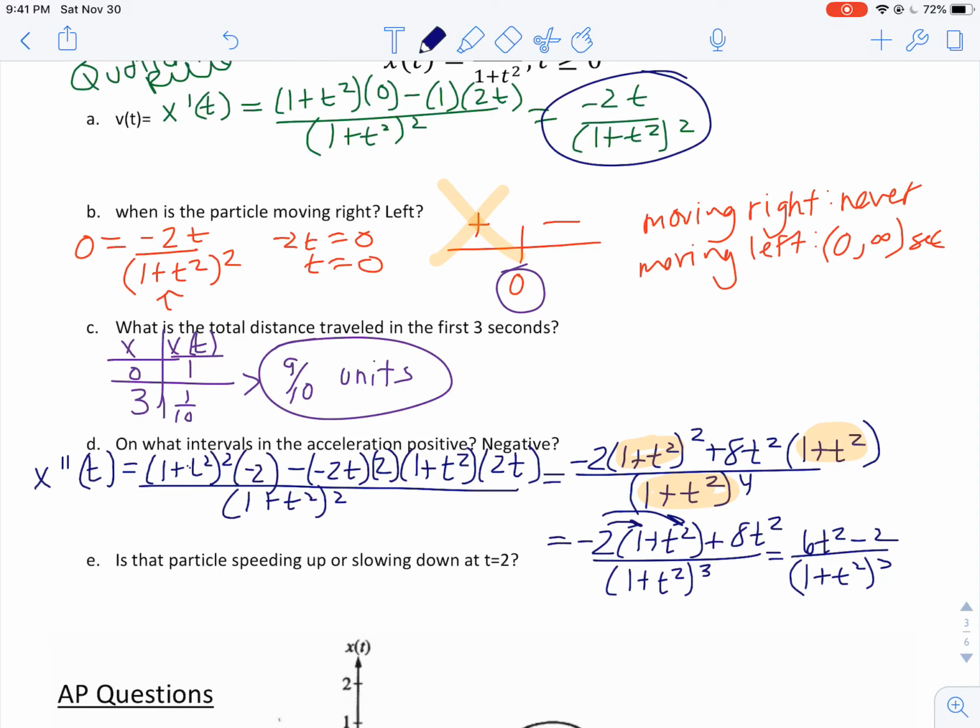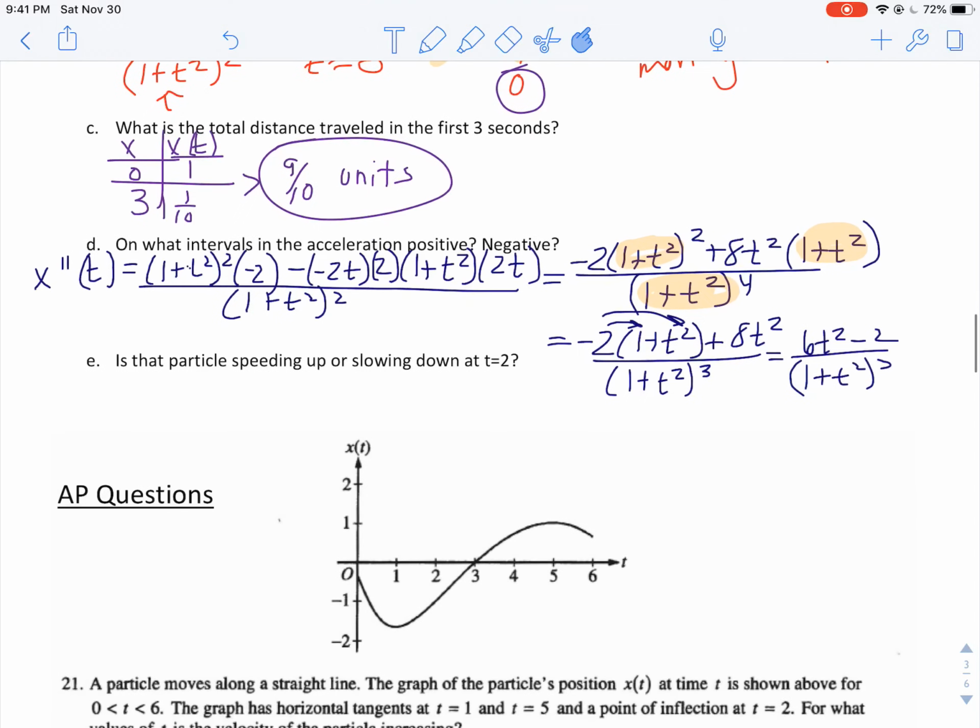And then we have to make our sign chart. So not a ton of room on this problem, but set my numerator equal to 0 to see when this whole function is going to equal 0. I get t squared equals 1/3. Take the square root. Don't forget to do plus or minus when you're taking the square root. So plus or minus radical 1/3.